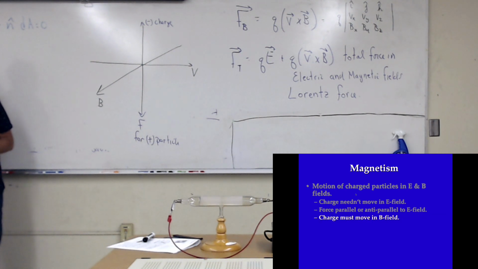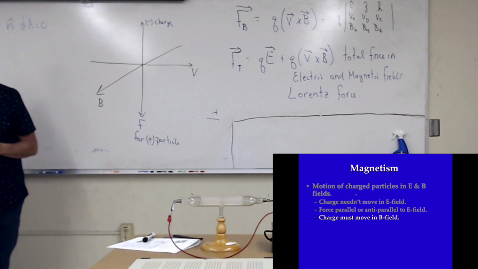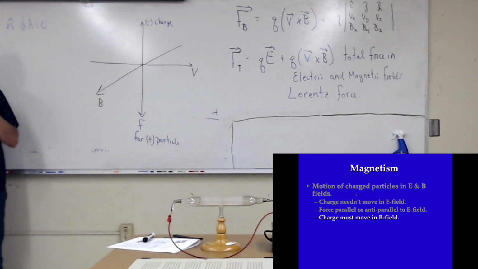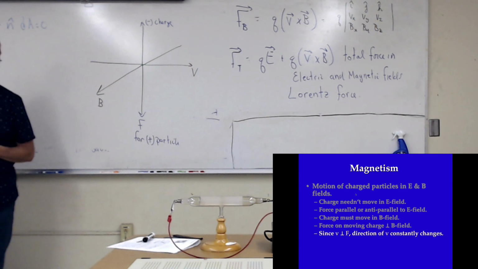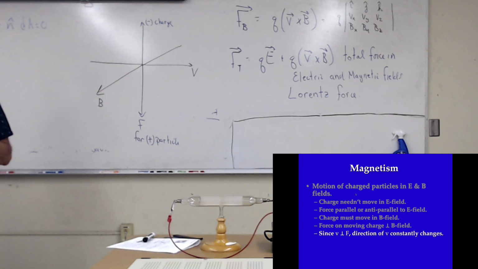Now, for a charged particle in a magnetic field, the charged particle must be moving in the magnetic field, and it must have a component of its velocity perpendicular to the magnetic field. And since the velocity vector is perpendicular to the force, the direction of v constantly changes.